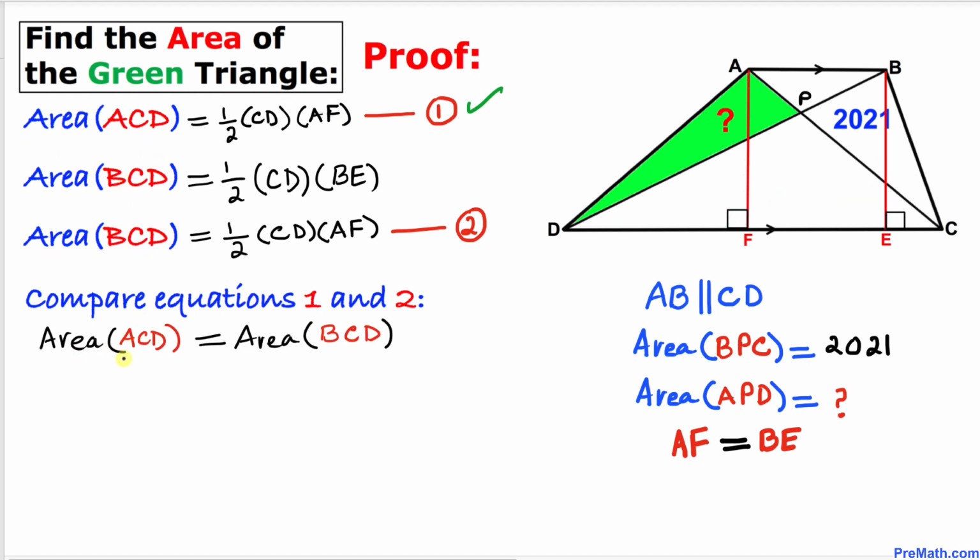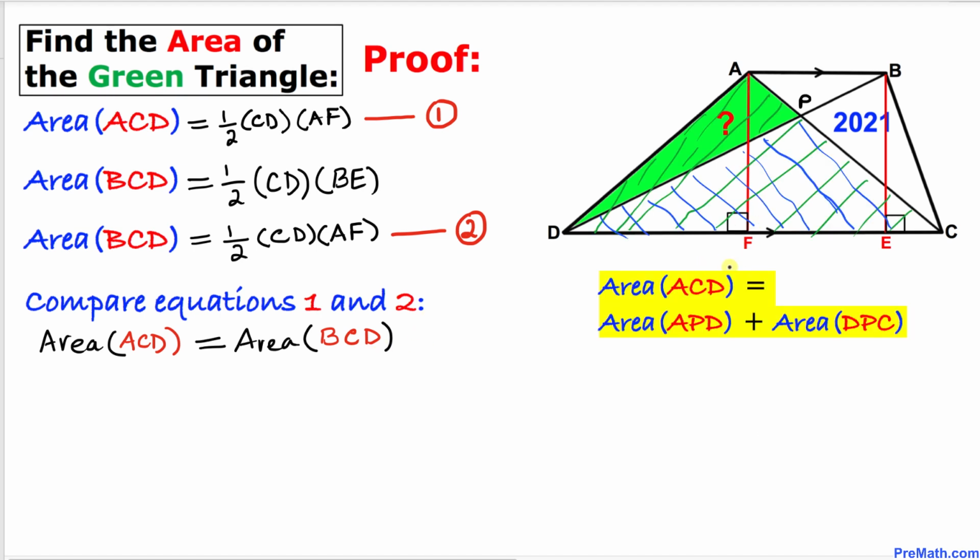Thus the area of triangle ACD turns out to be equal to the area of the other triangle BCD. From this diagram, the area of triangle ACD is equal to the two individual triangle areas, area APD and area DPC.